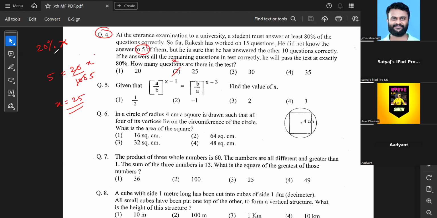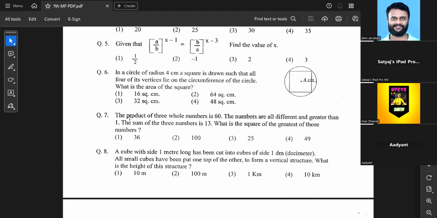I'm erasing the previous question. The first step, what I'll be doing is, see, on the left hand side, I have a upon b raised to x minus 1.